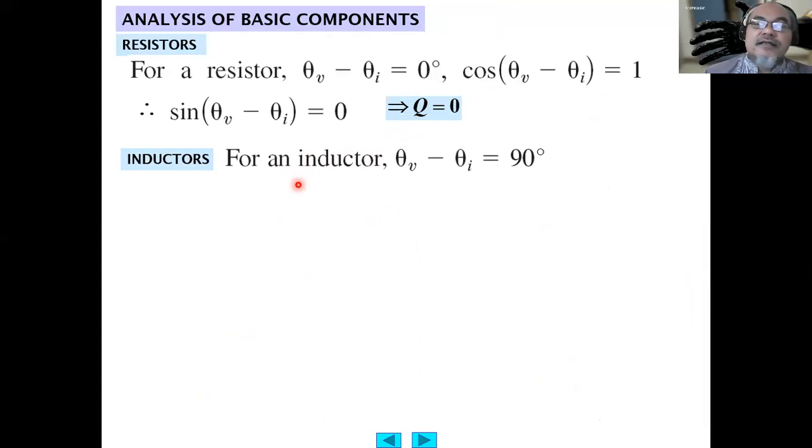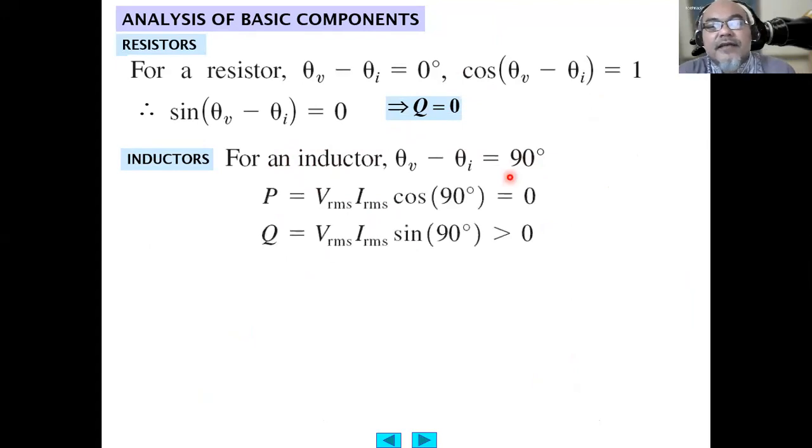For an inductor, on the other hand, for a pure inductive system, theta V minus theta I equals 90 degrees. The voltage leads the current by 90 degrees. Then the active power will be equal to VRMS IRMS cosine 90 degrees, and cosine 90 degrees is 0, so it doesn't have any active power.